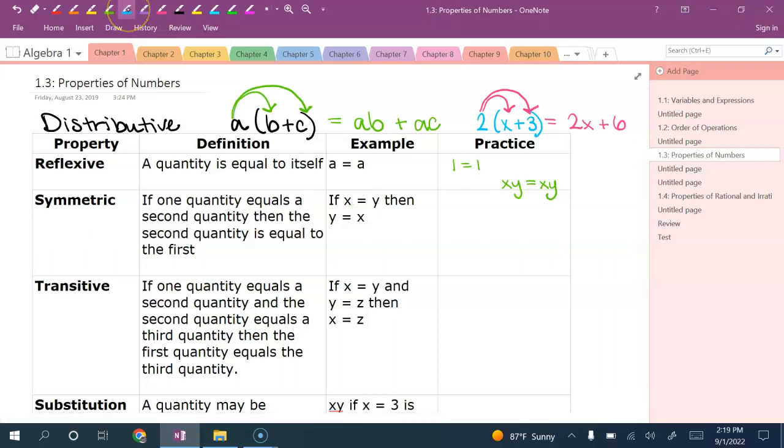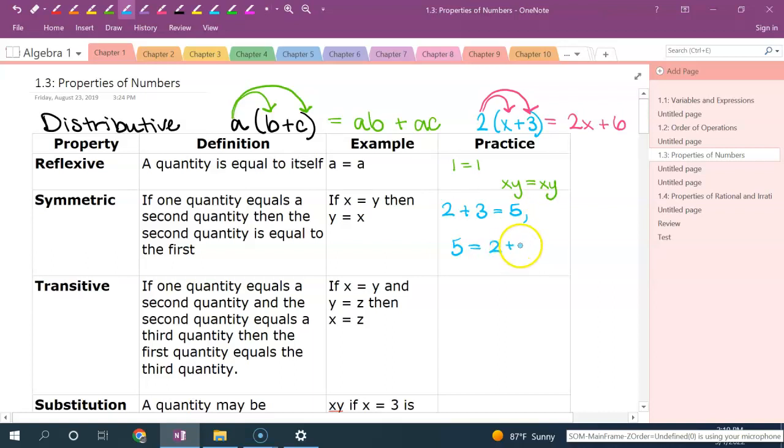So what this might look like with numbers is if I had 2 plus 3, and I said that that equals 5, then I could switch this around and put 5 first and set that equal to 2 plus 3. Because 2 plus 3 is 5, so it's really easy for you just to switch those quantities around.